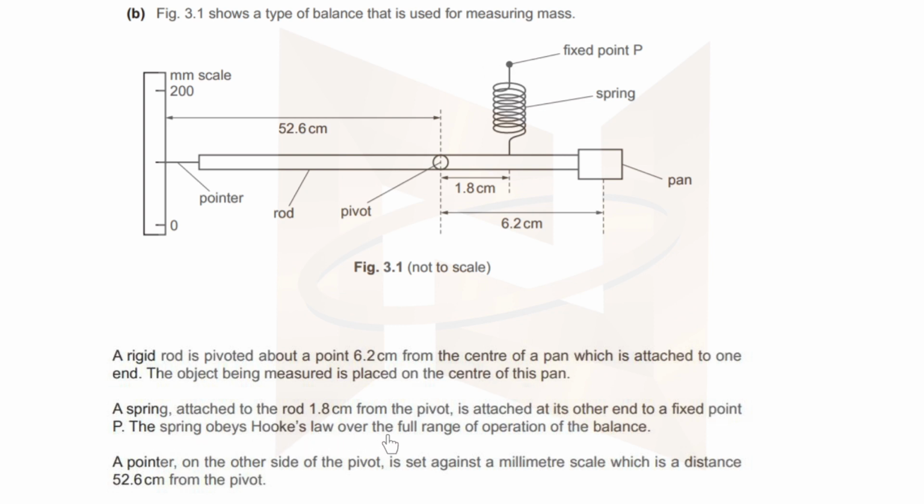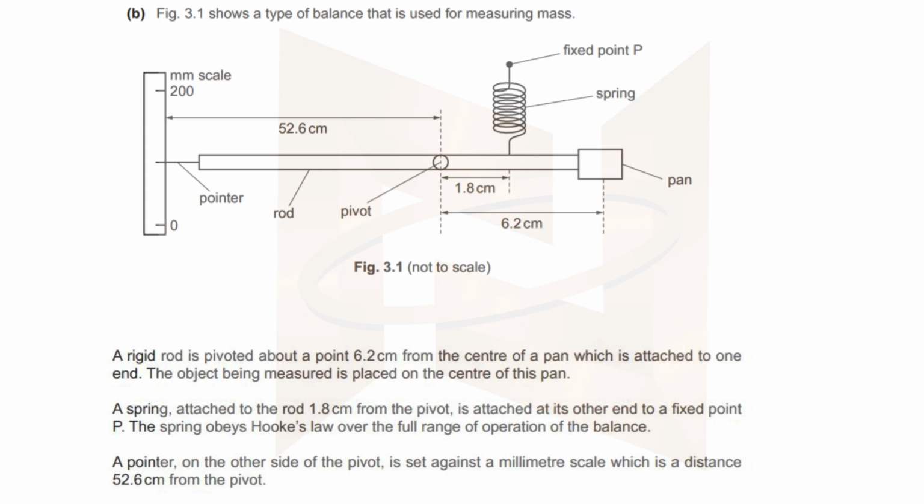The spring obeys Hooke's law over the full range of operation of this balance. A pointer on the other side of the pivot, this is the pointer, is set against a millimeter scale, which is a distance 52.6 centimeters from the pivot. So pivot, say distance is 52.6 centimeters of this scale.